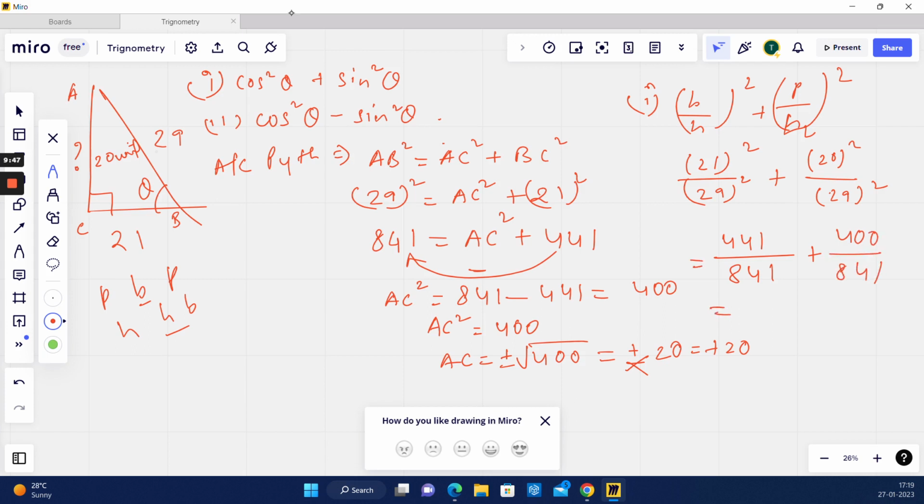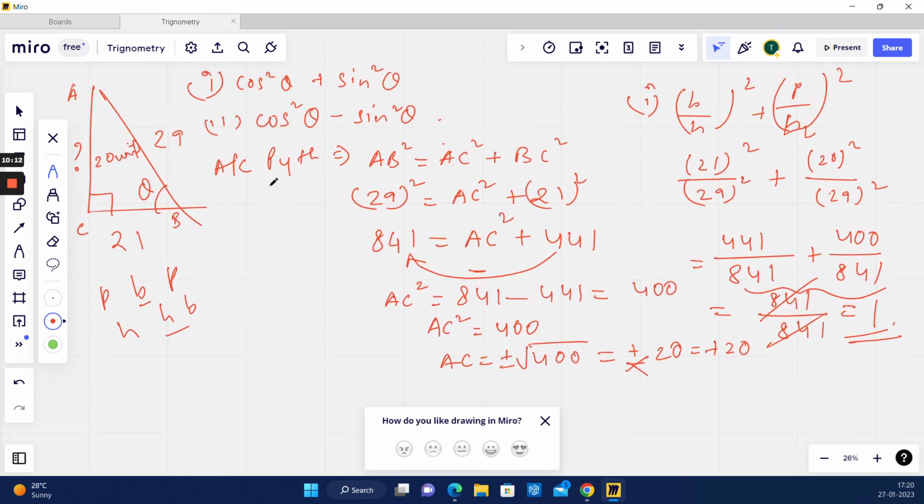If you just add it, it will be 841 by 841, right? Cancel both, it will become 1. So we took the LCM here, 841. So 441 plus 400, we get 841 by 841. So this gives us the answer to question number 1, I mean the first part.